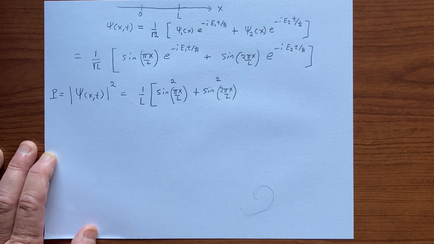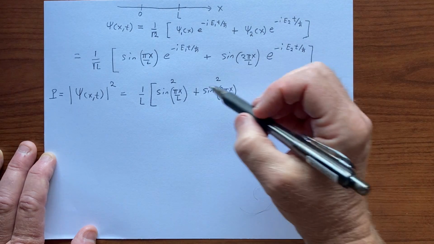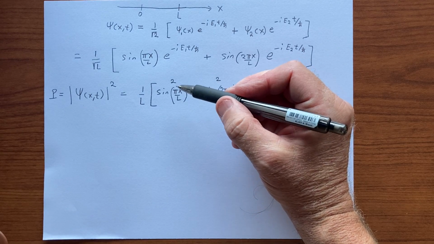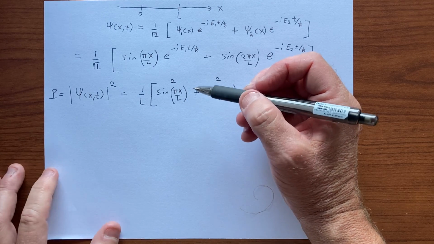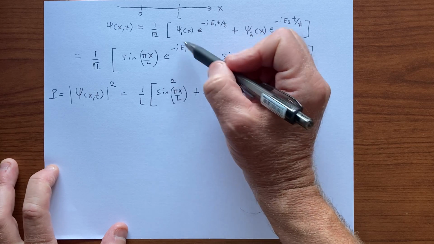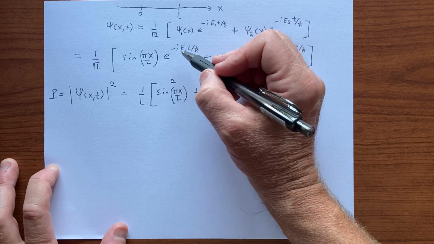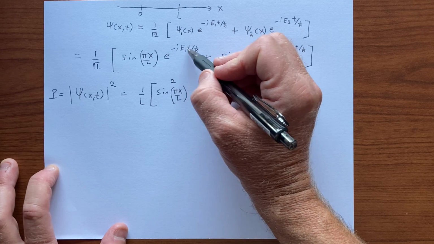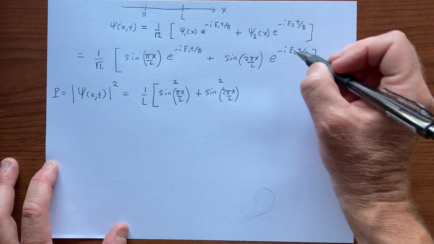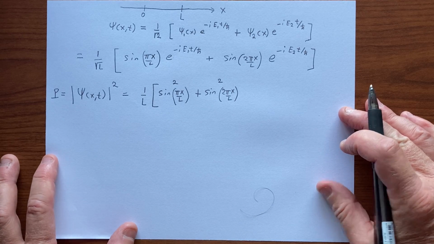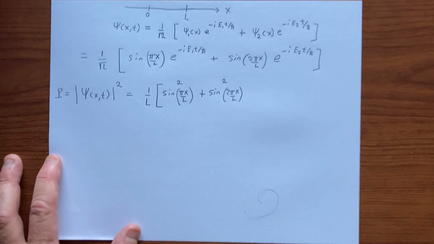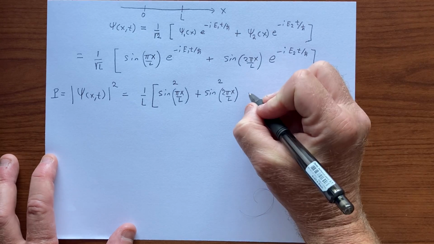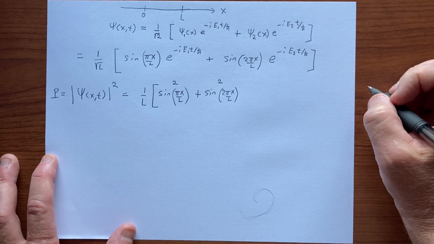And the time dependence doesn't exist for these two terms because we have psi star psi, and that makes this term get multiplied by an e to the i E1 t over h bar, and similarly for this one. So we have those two values, and then we have cross terms, but we have two cross terms.